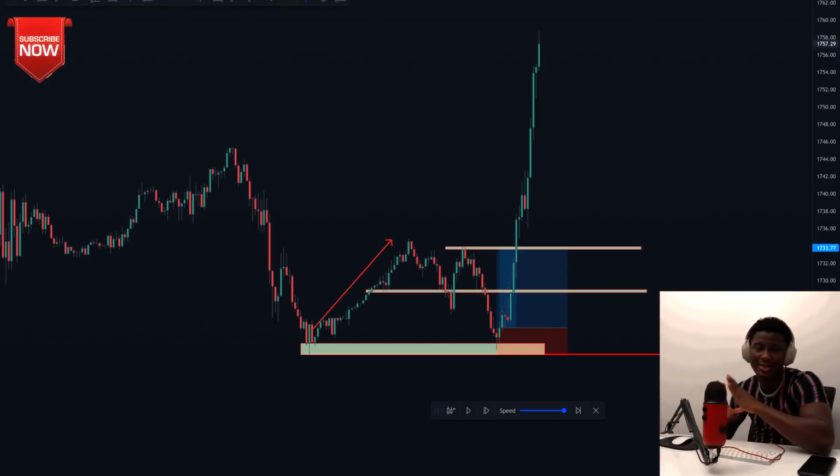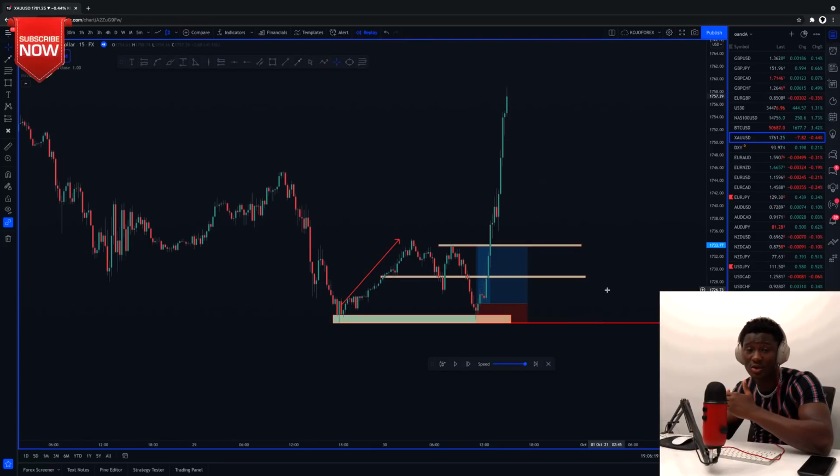Now this is also one of the reasons why I usually wouldn't even set a take profit, because you cannot place a limitation on how far the market can go. You understand me? I would rather put my stop loss and my entry, and then when the trade gets into profit, I trail my stop loss, adjusting the stop loss level a little bit in front of my entry, and letting the trade literally play out.